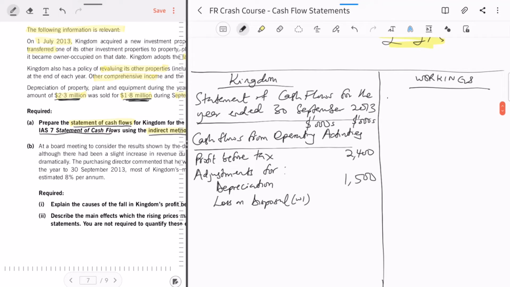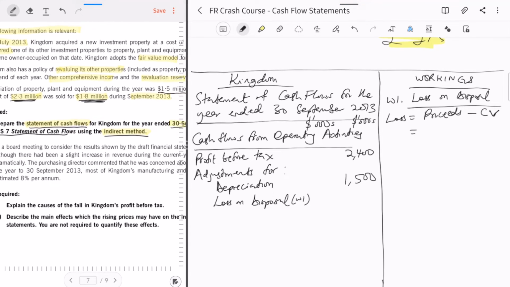So I come here, working one, I say loss on disposal. And this is simple. It's just going to be my proceeds. So the loss will be the proceeds on disposal less the carrying value of the asset, or carrying amount. They said it was sold for 1.8 million.